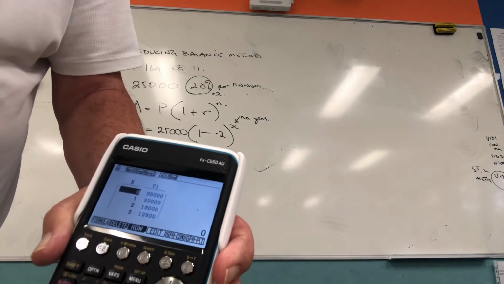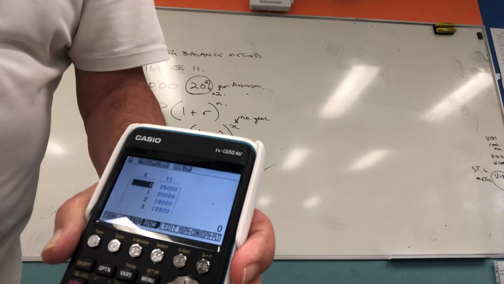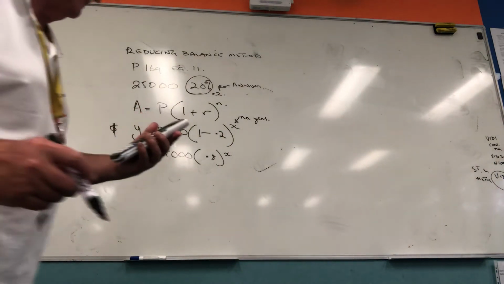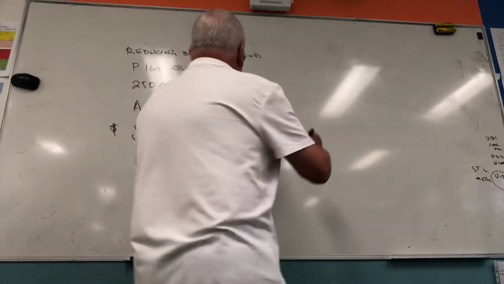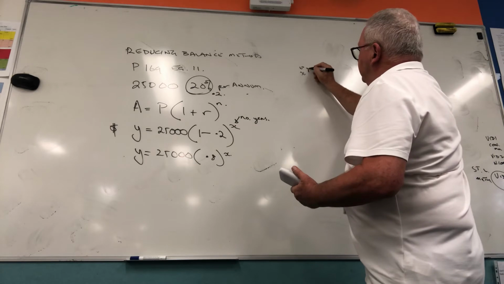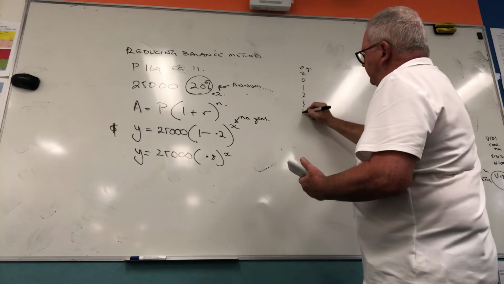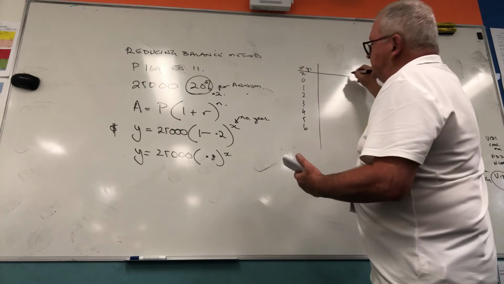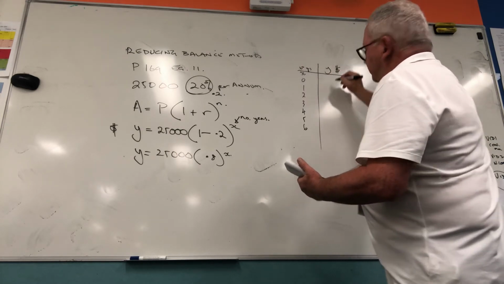And that's what my table's going to look like, okay? I'll quickly put it up on the board. Okay, so I've got the number of years, which is X, number of years, 0, 1, 2, 3, 4, 5, 6. Okay, this is what my Y value is. This is how much money it's worth.